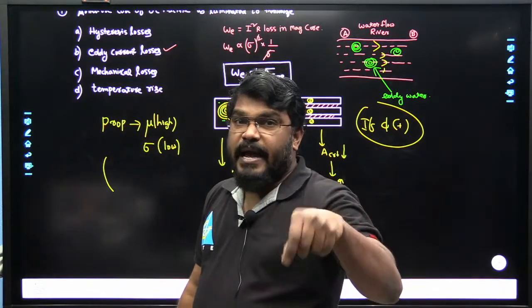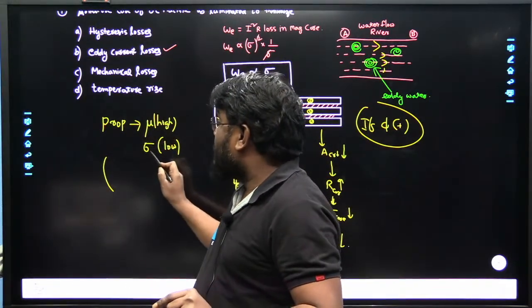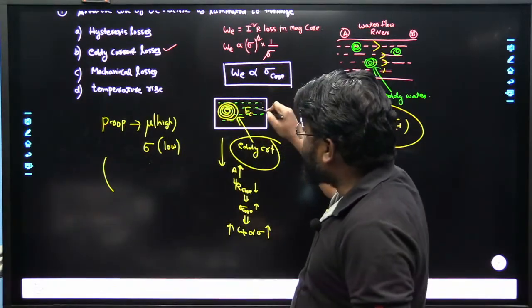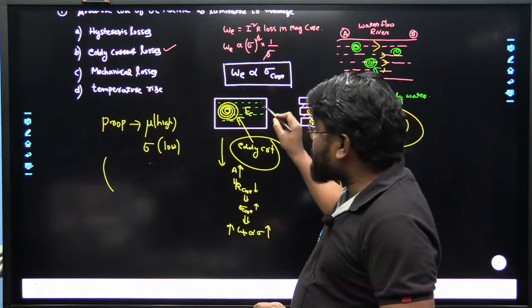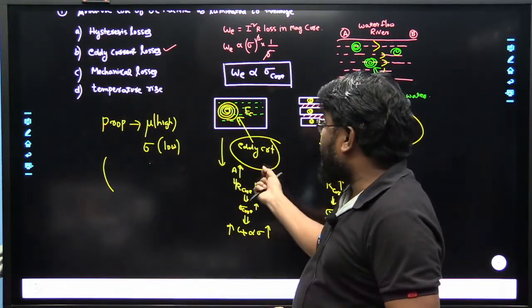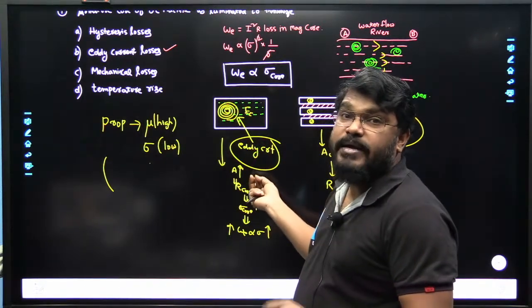So whenever a time varying flux passes through the core, some EMF is induced in the core. This EMF gives rise to a circulating current within the core. This circulating current, which appears as heat due to temperature rise, is known as eddy currents.